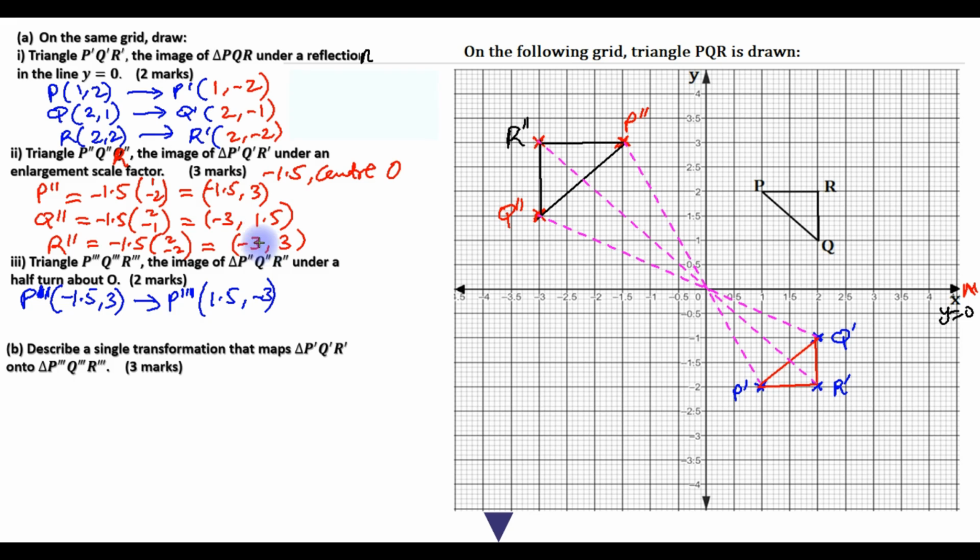The other one is Q triple prime, which will be 3, minus 1.5, and then R triple prime will be 3, minus 3. I hope that is clear. So we can plot those points.